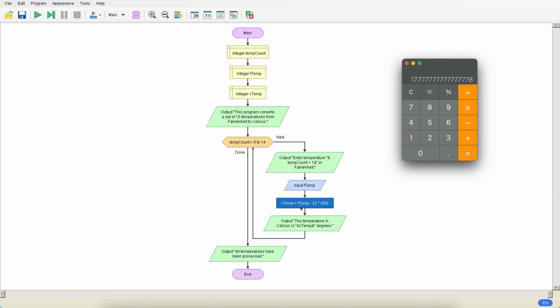And then it will process addition or subtraction. So it will subtract 17.7777 from 32. So 32 minus 17.77777. And that gives us our answer that we saw in the output.